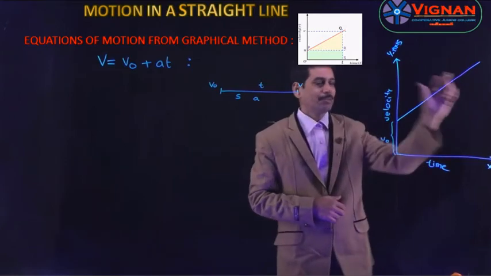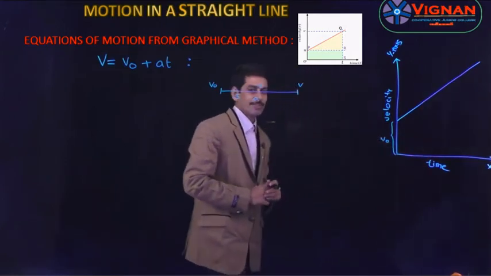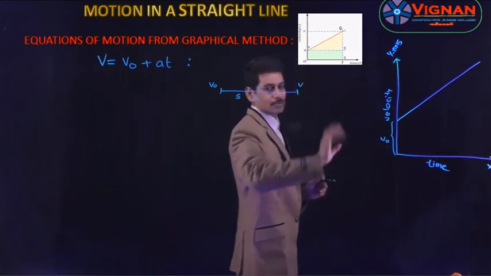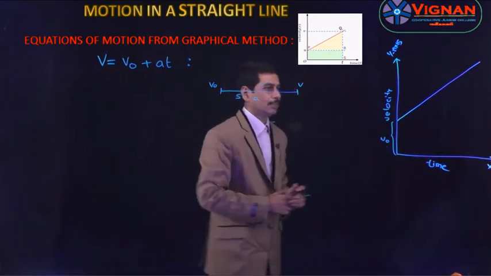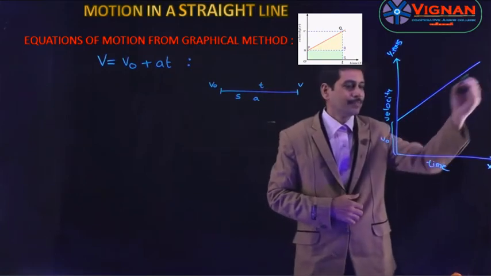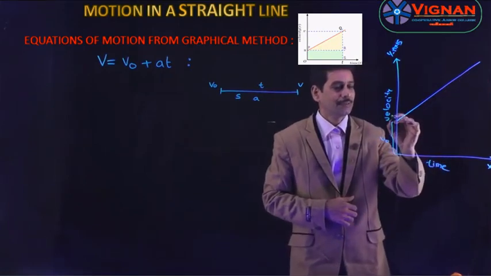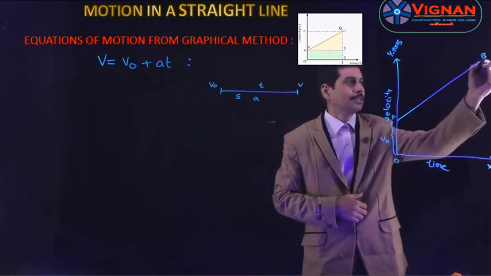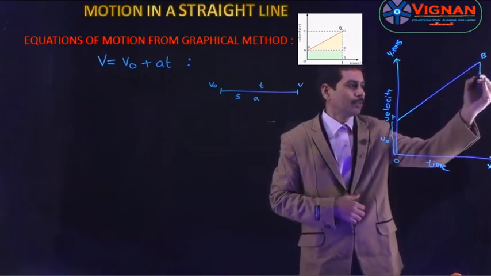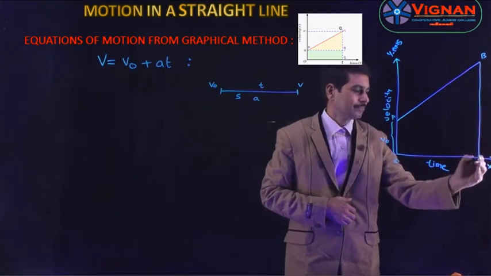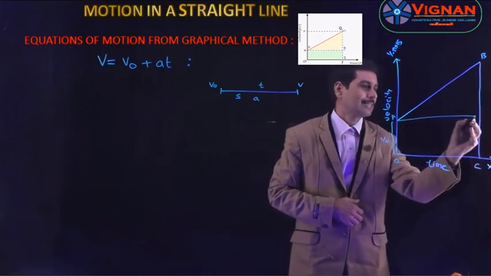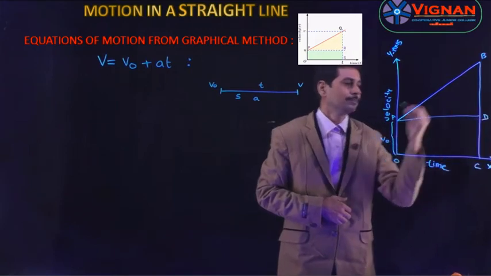Now the complete diagram. Let us consider this as AB, and this is the origin. This is B, and draw a perpendicular onto the x-axis. Let us consider this as C, and this as D.